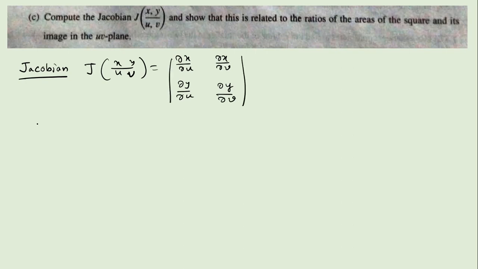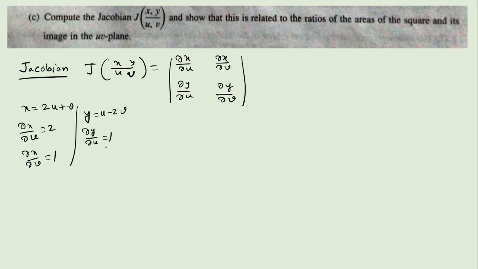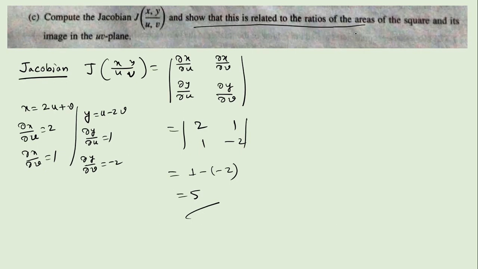Okay, and you have x equals 2u plus v, so del x del u is 2 and del x del v is 1, and you have y equals u minus 2v, so del y del u equals 1 and del y del v equals minus 2. Put here, that is 2, 1, 1, minus 2, so this is minus 4 minus 1, that is minus 5, right? So we get the Jacobian is 5 in magnitude.